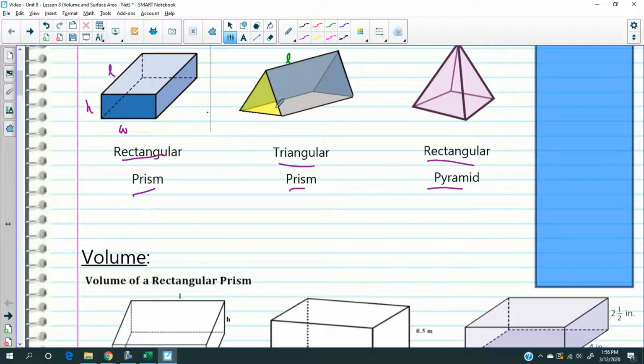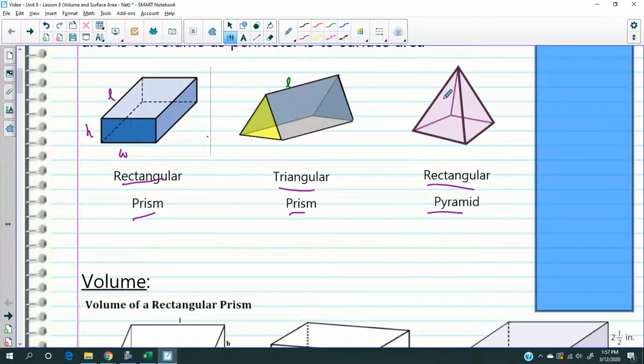But we also have the three sides of a triangle. So think about it like this. The difference between a triangular prism and a rectangular prism is that on the side here, they're made out of triangles. But the rest of these sides, if you notice, are actually rectangles. Okay, so in a triangular prism, you got on each end a triangle, but the other three sides in the middle are all rectangles.